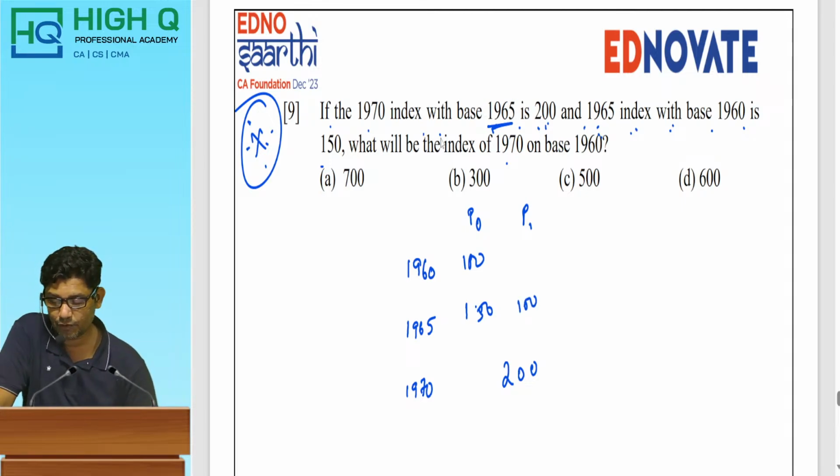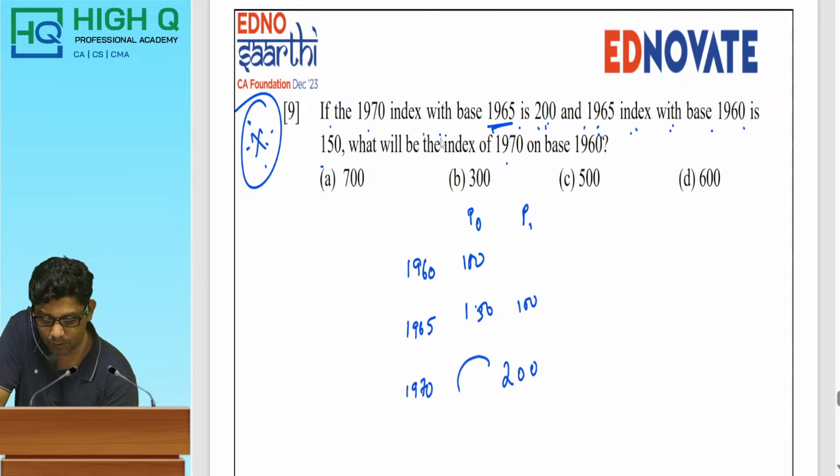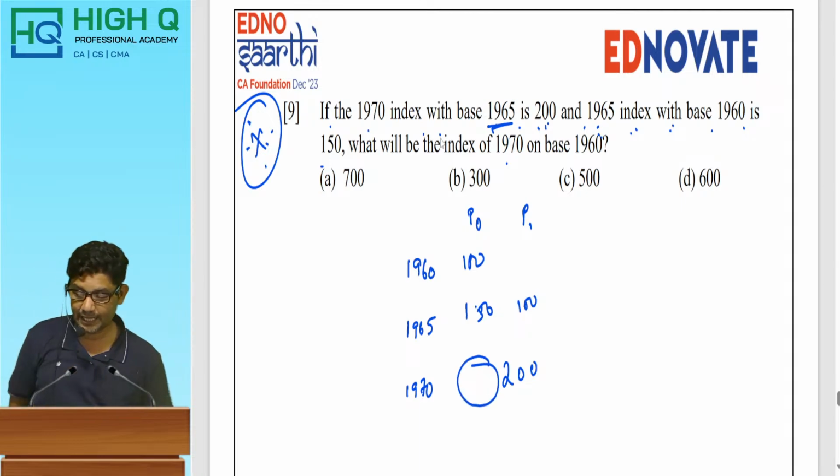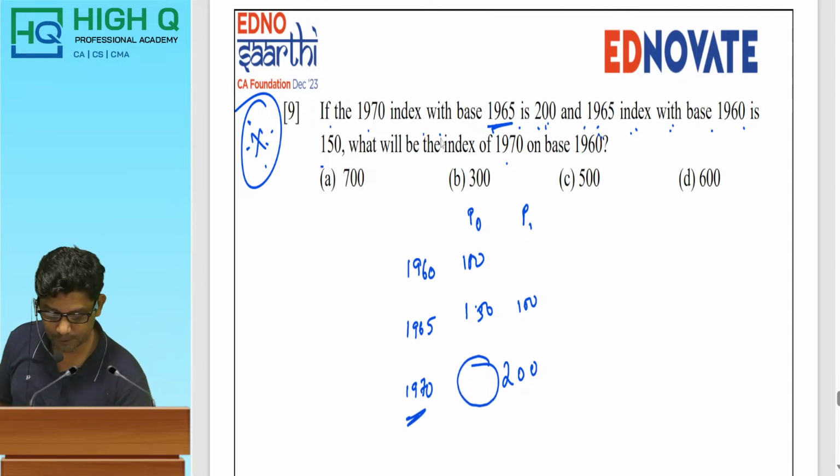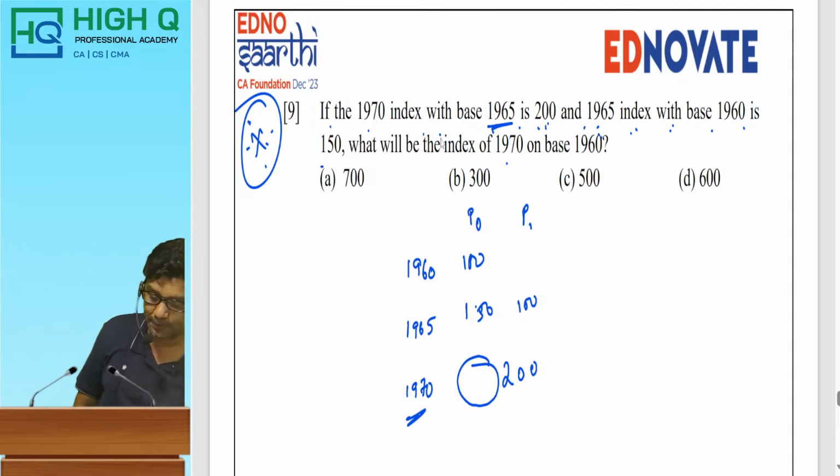The question asks us to find the index number of 1970 with respect to base 100. Can anyone please give me the answer, my dear? Yes, very good.